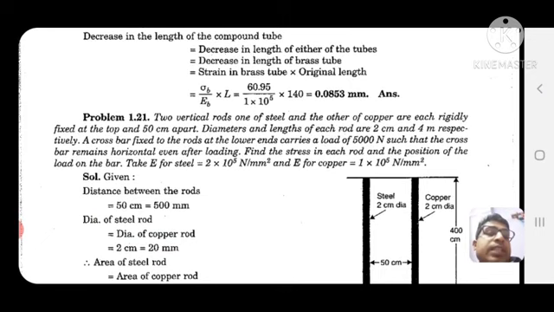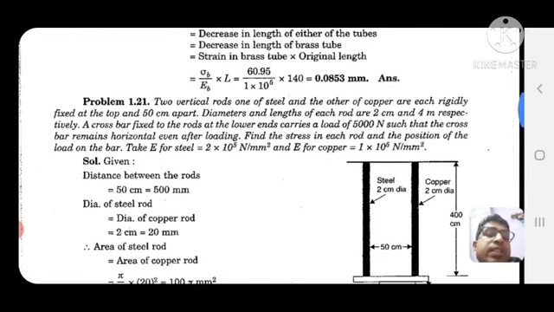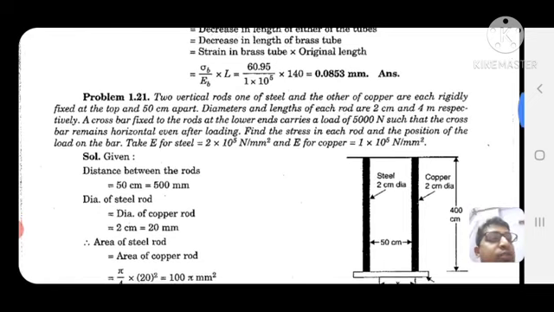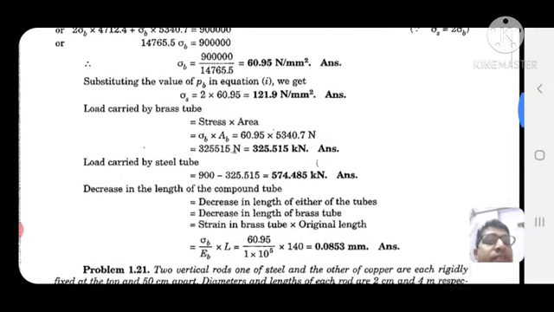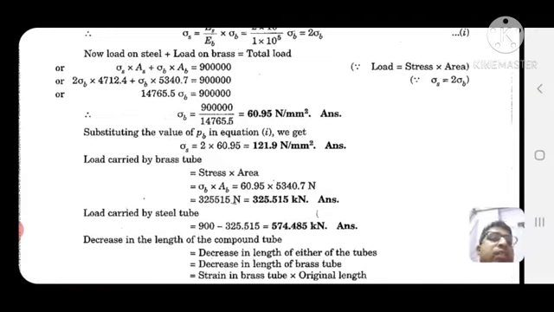Decrease in length of the compound tube: actually, decrease in length of either of the tubes, that is, decrease in length of the brass tube, is strain in the brass tube into original length. So sigma B by EB into L, that is 60.95 divided by 1 into 10 to the power 5 multiplied by 140. After calculation, step by step: first, load on steel plus load on brass is equal to total load.